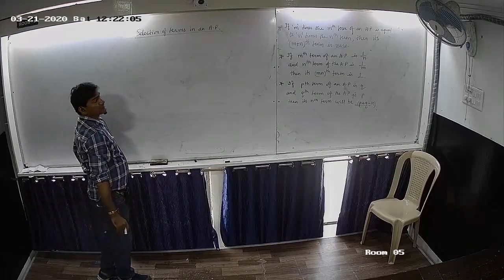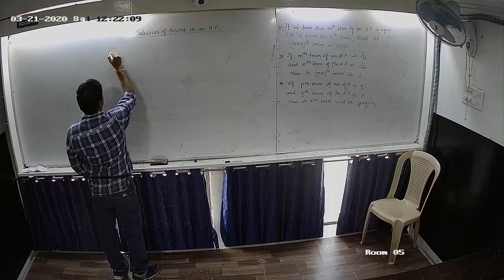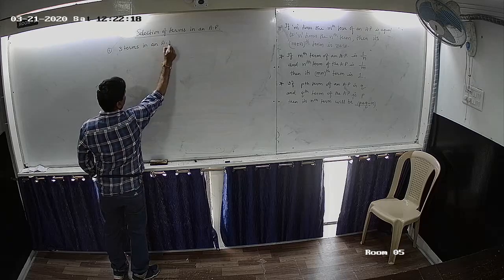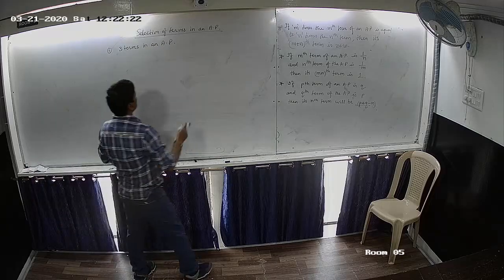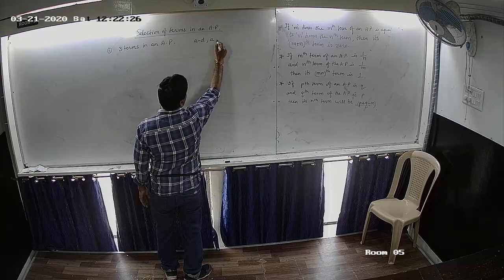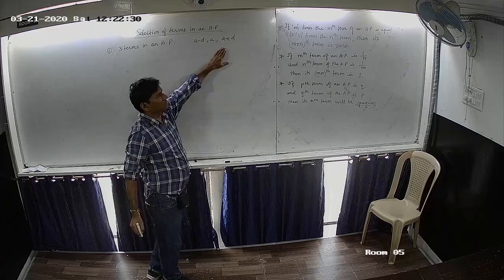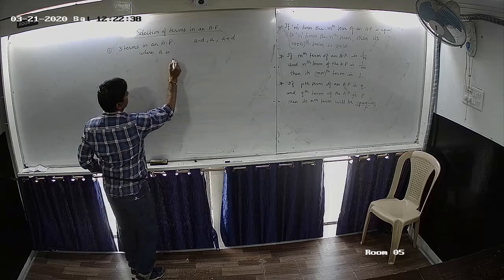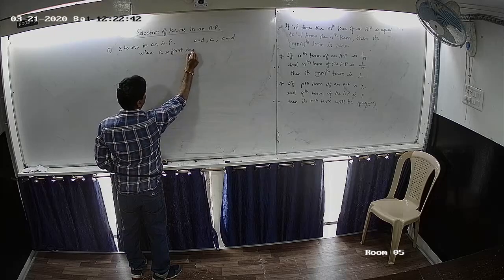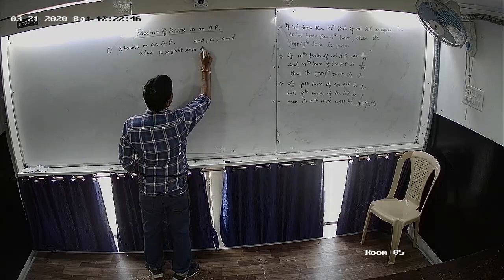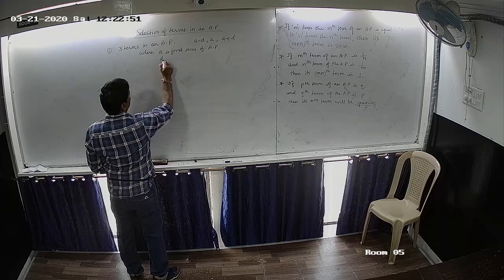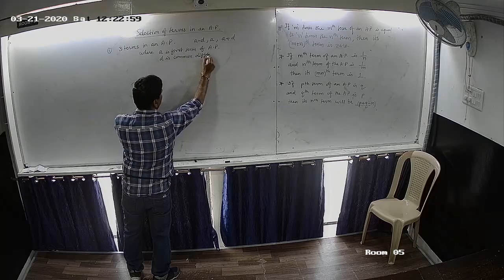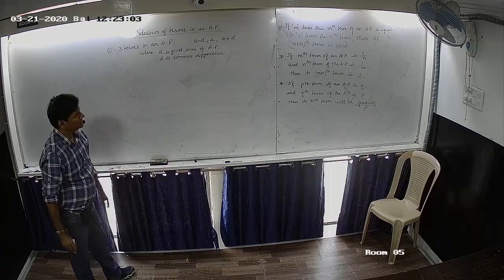If we want to select three terms in an AP, the three terms can be selected as A minus D, A and A plus D. First term, second term, third term, where A is the first term of the AP and D is the common difference.